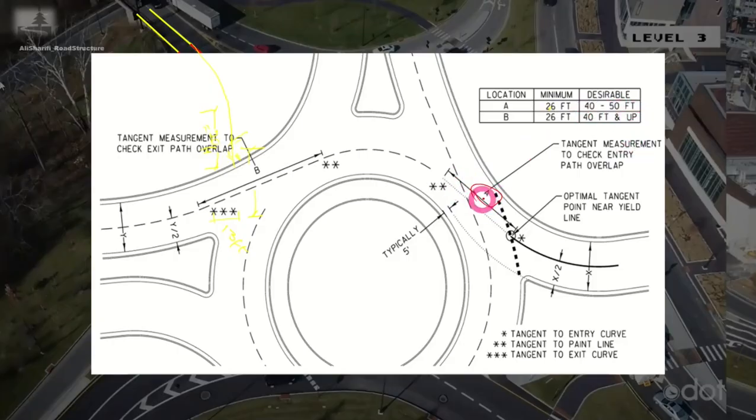If it's shorter than this minimum, then inadequate natural paths will arise, and as a consequence, you will get path overlap here. And if it's much longer than 50 feet, then controlling the speed for entering traffic and also achieving an appropriate value for entry angle will be challenging.